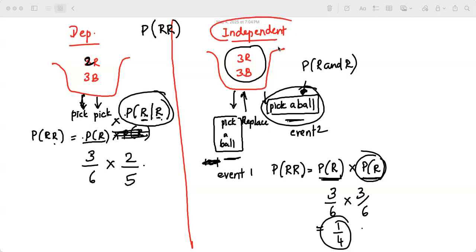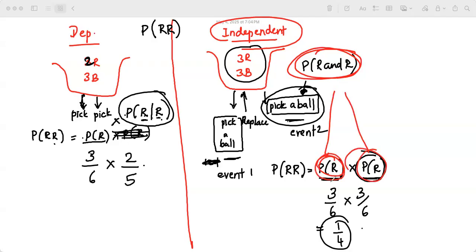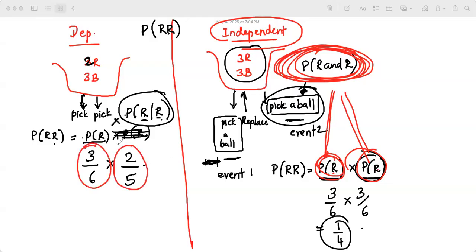In independent probability, if you want 2 events to happen, it has to be the multiplied value of the probability of the first event times the second event. Then, if the probability given for two events to happen is the product of these two, then automatically it is independent. Here, when you think about it, 3 by 6 times 2 by 5.